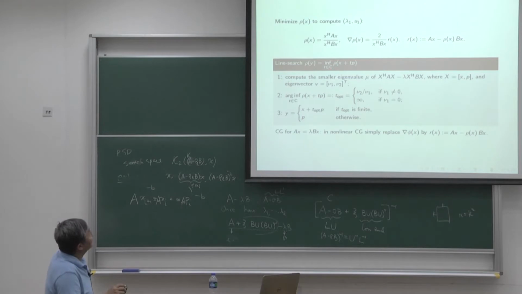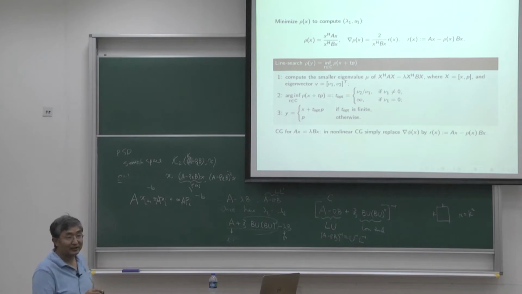Another, simpler way: suppose x and p are linearly independent, you can project the matrix and compute this 2 by 2 problem. It takes a little work.